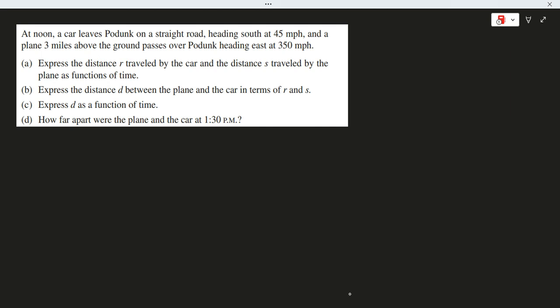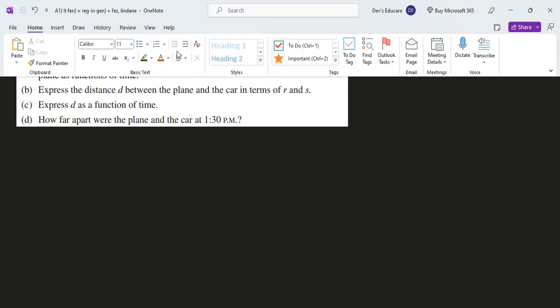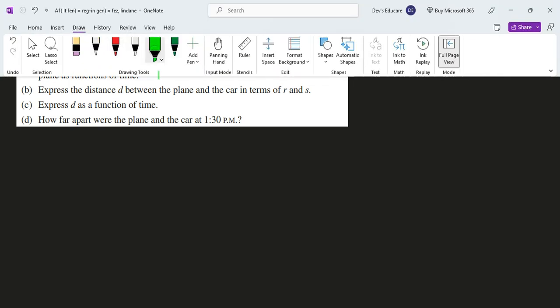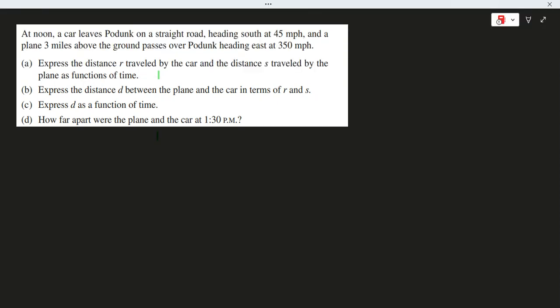Okay, so we have been given a car heading south at 45 miles per hour, and a plane moving 3 miles above the ground, passing over Podunk heading east at 350 miles per hour.